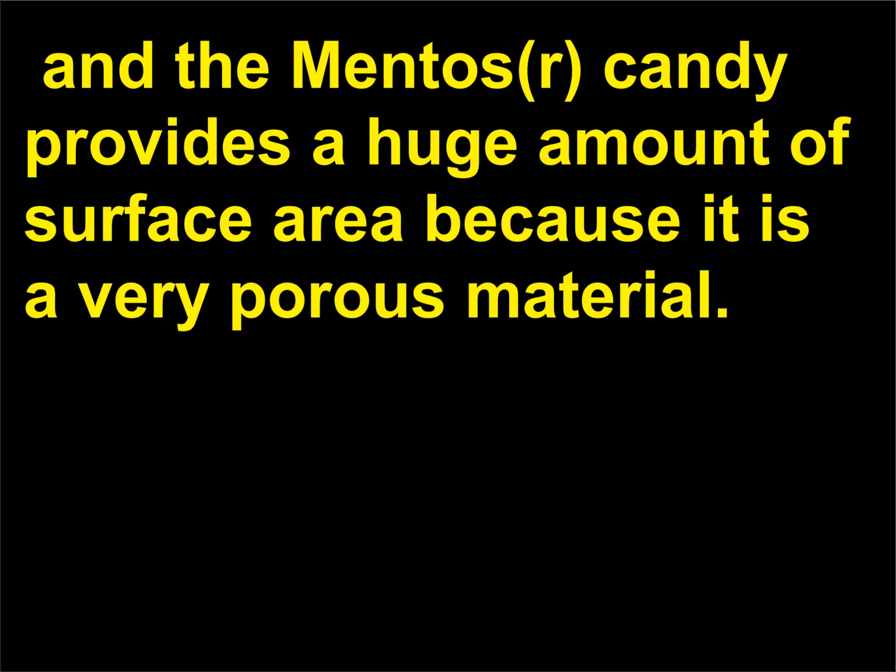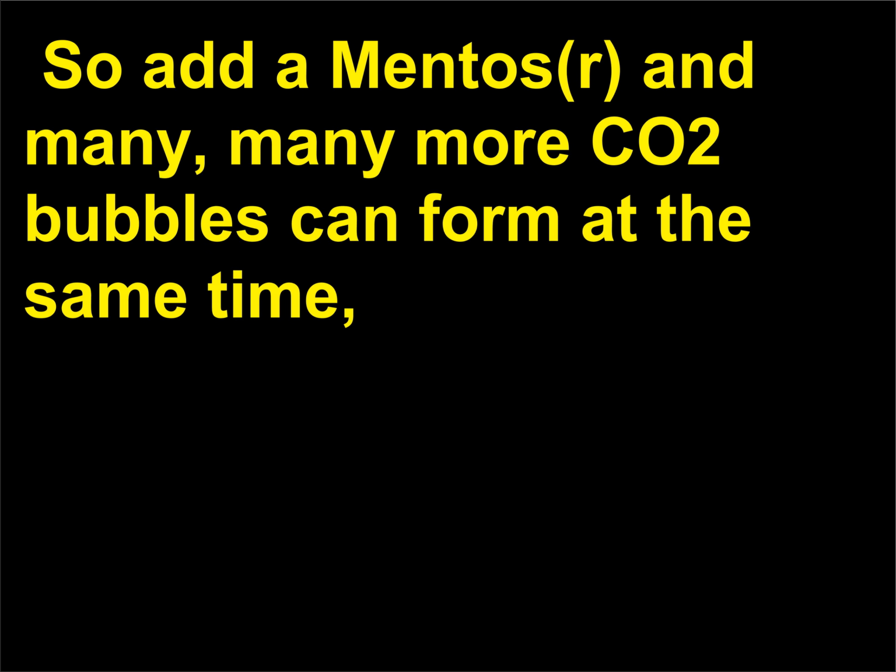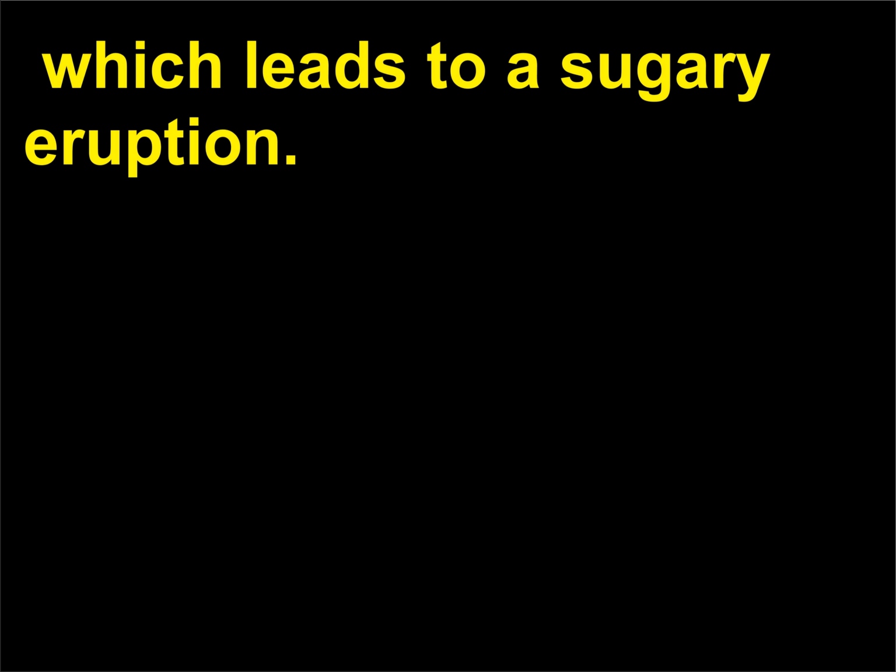And the Mentos candy provides a huge amount of surface area because it is a very porous material. So add a Mentos, and many more CO2 bubbles can form at the same time, which leads to a sugary eruption.